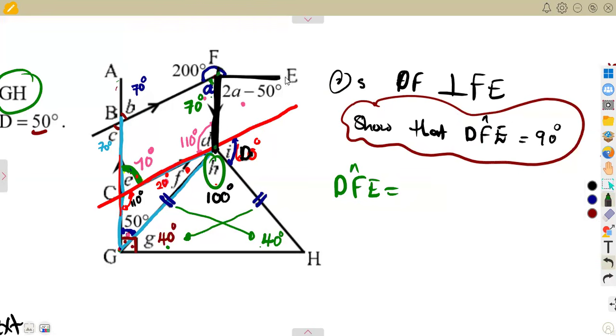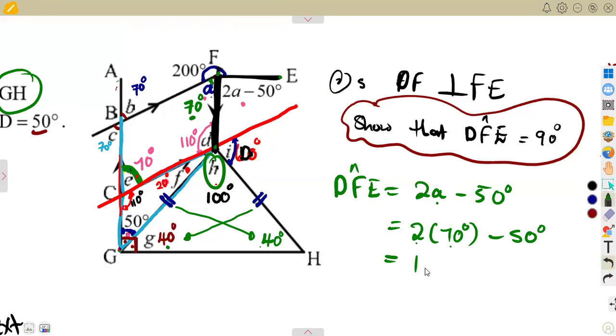DFE is equal to 2A minus 50 degrees. We calculated our A before and we said A is 70 degrees. So let's substitute 2 times 70 degrees minus 50 degrees. 2 times 70 is 140 degrees minus 50 degrees, and that gives us 90 degrees.